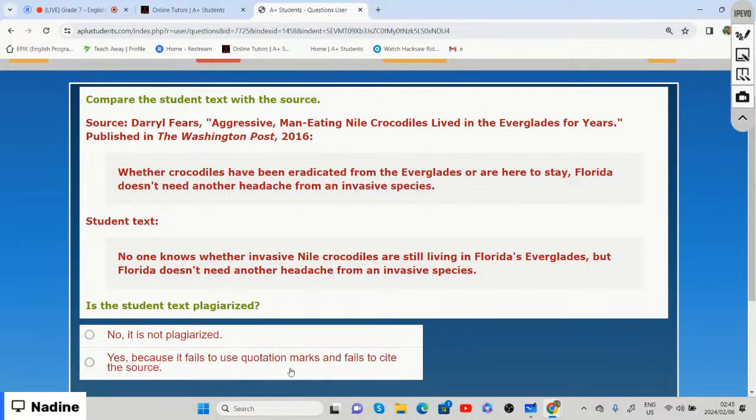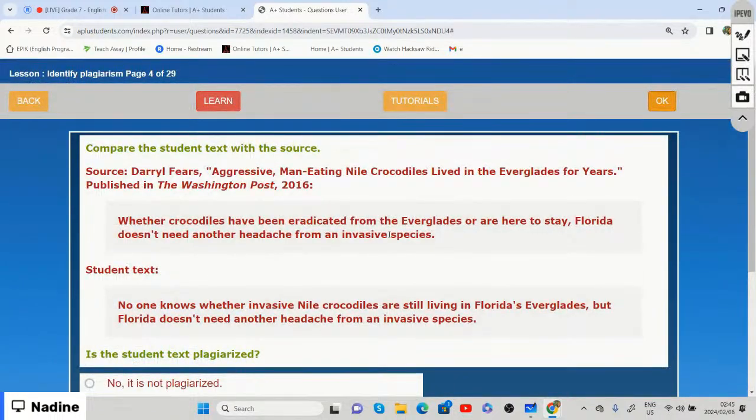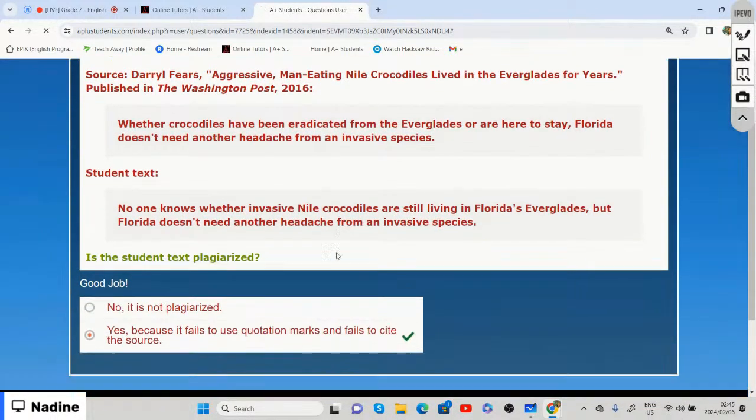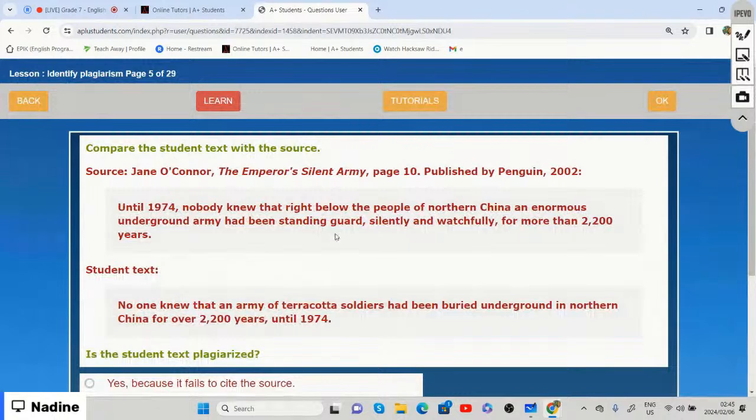And we're going to say, yes, it is plagiarized, because they do not put the words as their own, or if they do, there is no source that it links with.